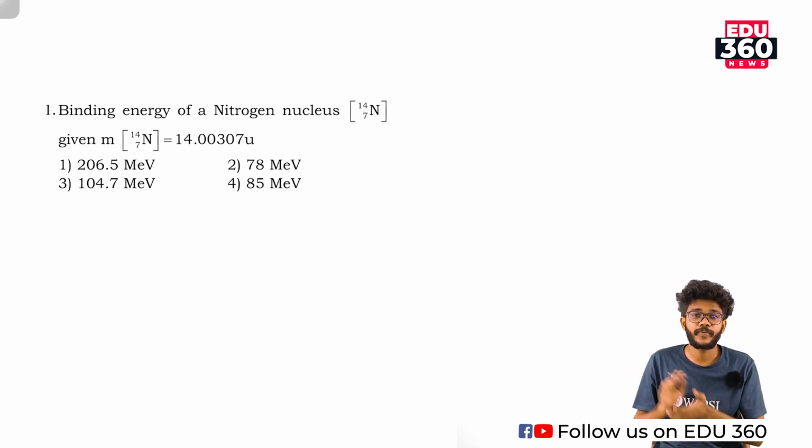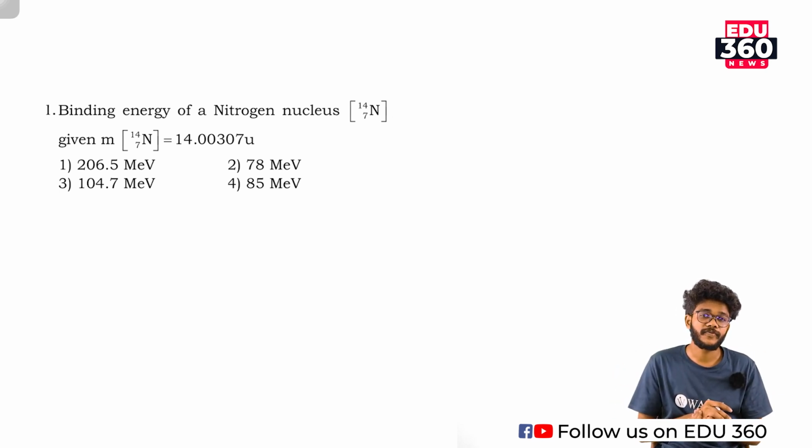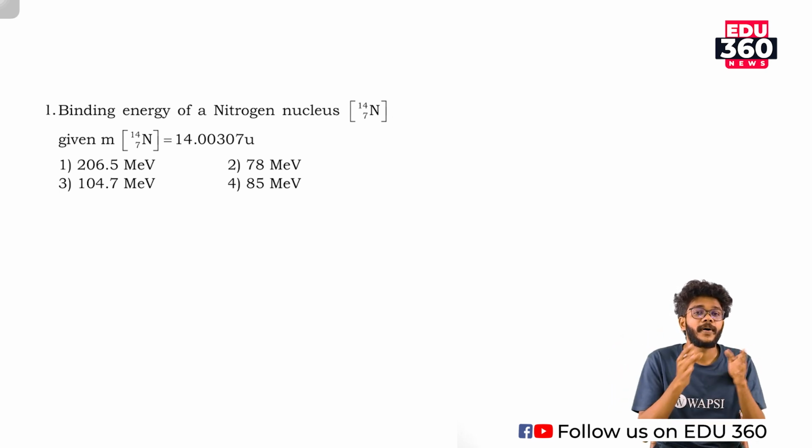Then take the number of protons, multiplied by the mass of a proton, and we get the total mass of protons. So we can add the mass of protons and the mass of neutrons, but the actual mass is just less than this calculated mass.